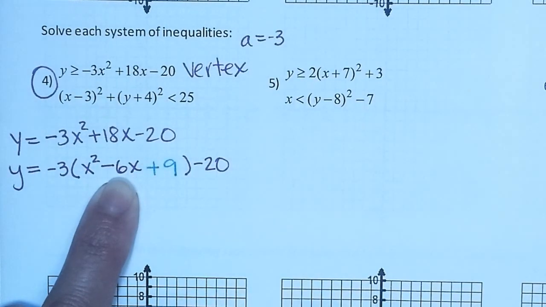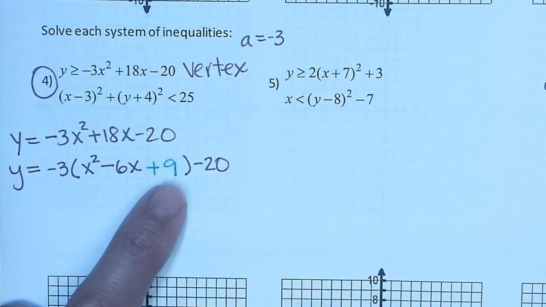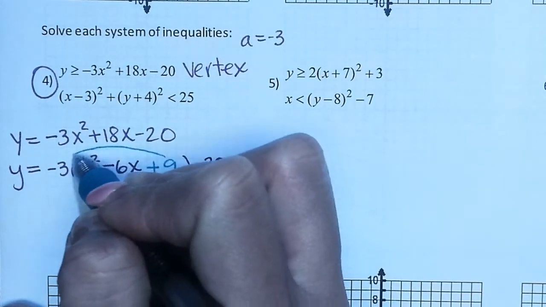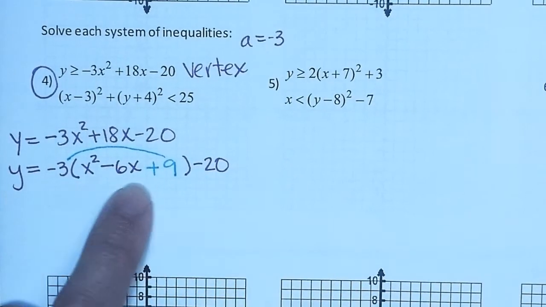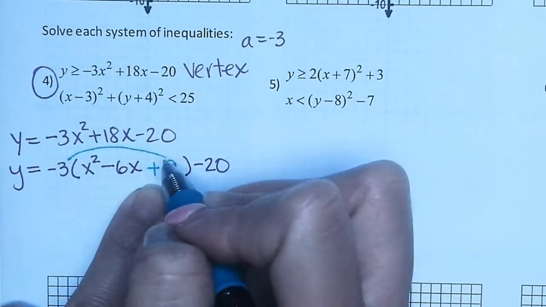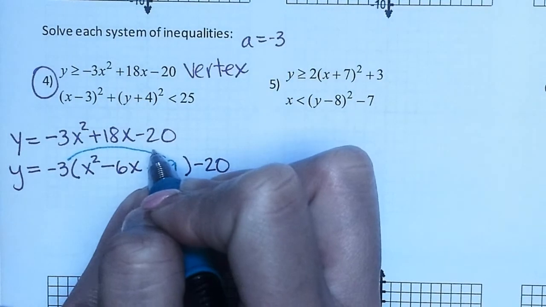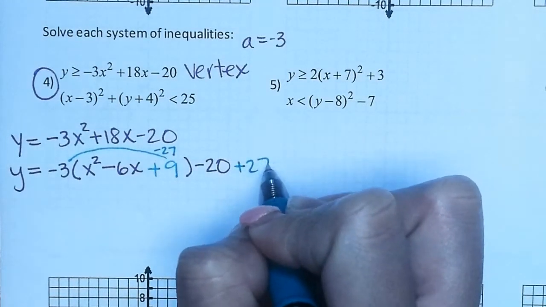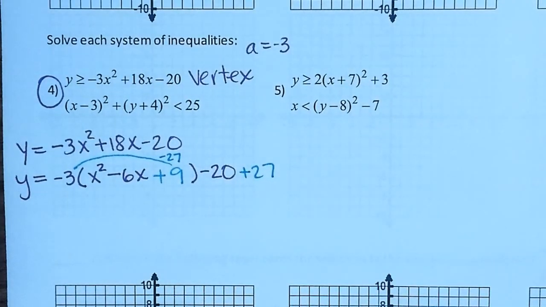Because you want to keep the equation balanced, you need to undo what you just did. However, because there's a coefficient of negative 3, I actually have done a 9 times negative 3, which is a negative 27. So I need to undo a minus 27. And the way to do that is to do a plus 27. So again, this is just from the last unit.